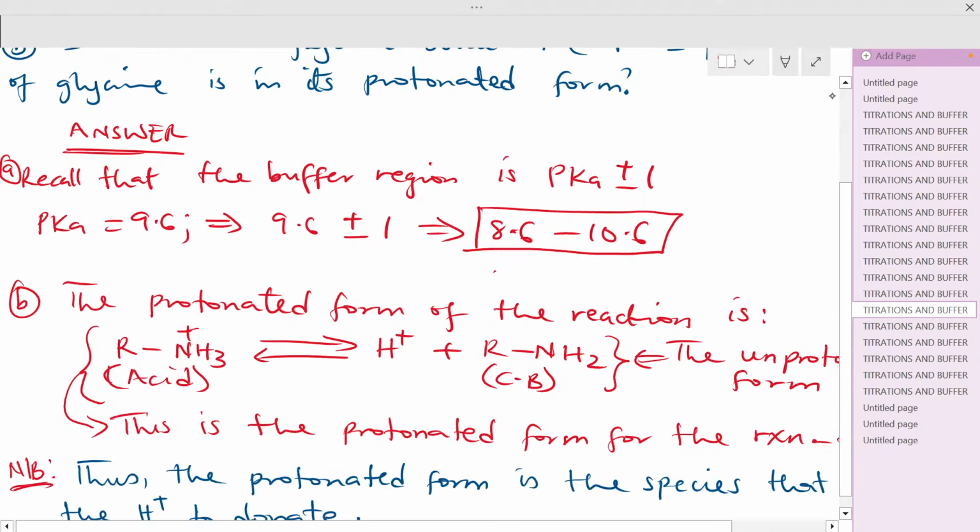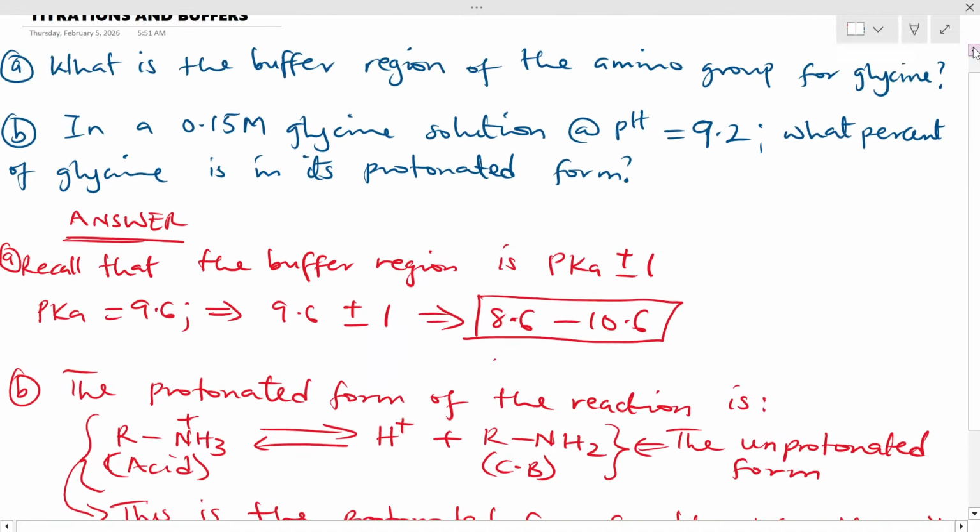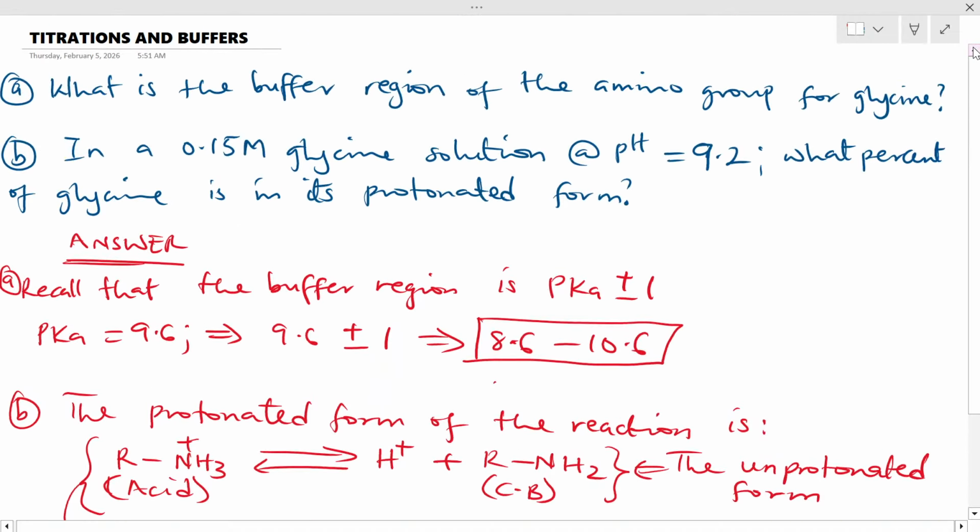The first question here is number 1, or number A: what is the buffer region of the amino group for glycine? Number 2: in a 0.15 molar glycine solution at pH 9.2, what percent of glycine is in its protonated form? Alright, so we take the answers one after the other.